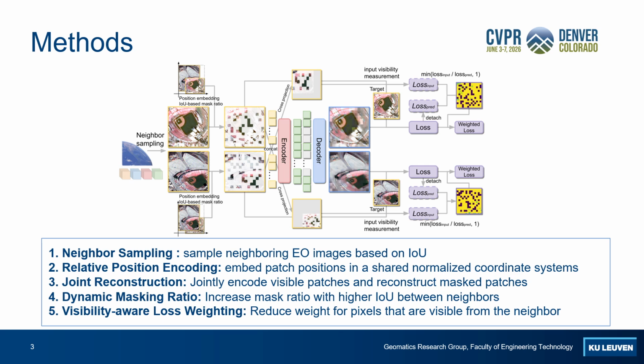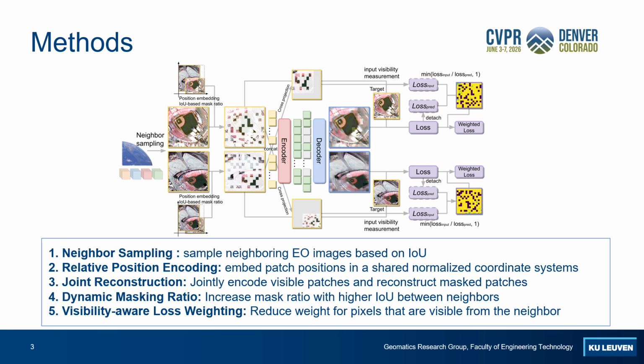Fourth, dynamic masking ratio. If two neighboring images overlap strongly, reconstruction becomes easier because one image may reveal information about the other. To keep the pretext task challenging, we increase the mask ratio when the IoU between the neighboring images is high. Finally, visibility-aware loss weighting.